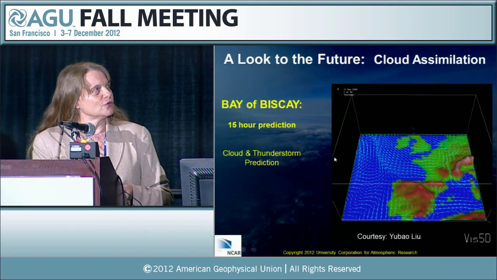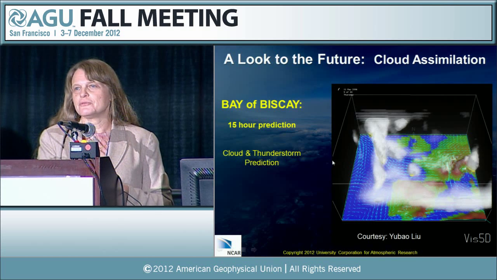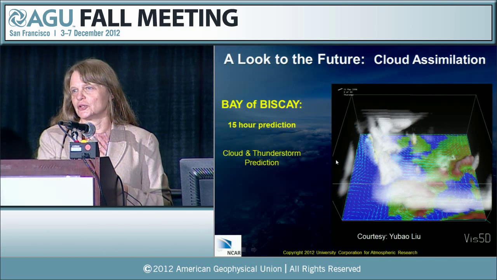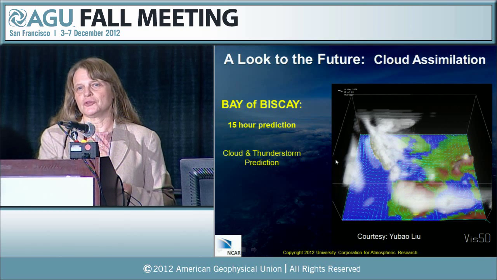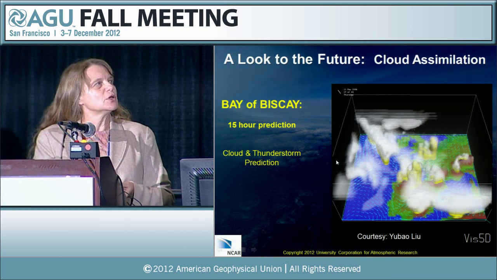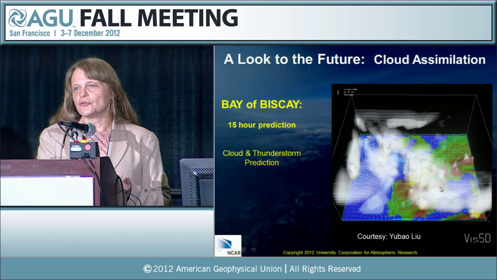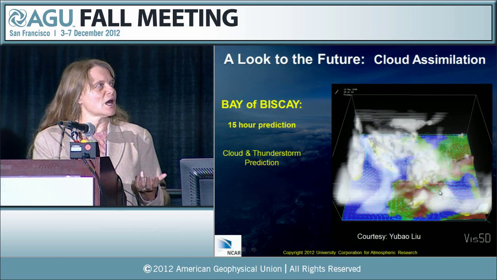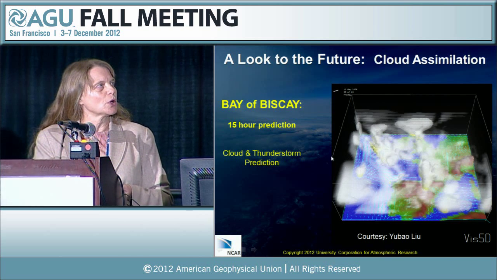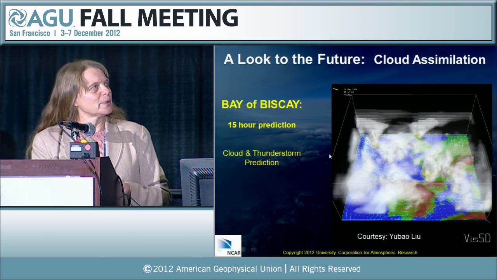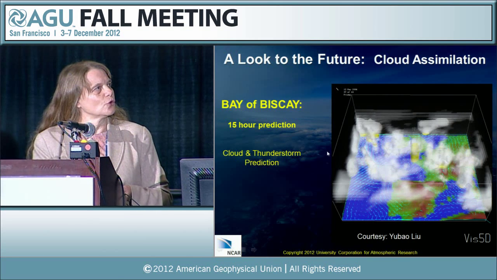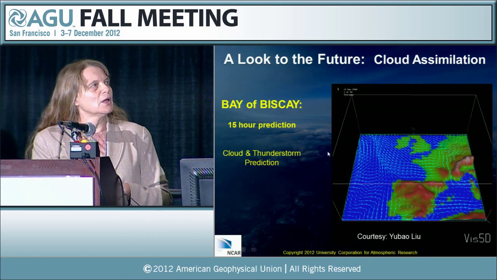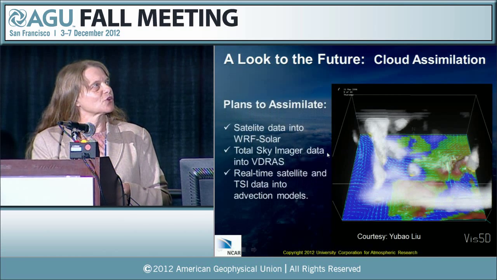Where are we going in the future? One of the difficult problems is predicting clouds. NWP models do that, but in a lot of sense, we try to just predict cloud fraction. Well, at NCAR, we are anticipating an award of solar power forecasting. We have to be able to forecast clouds.